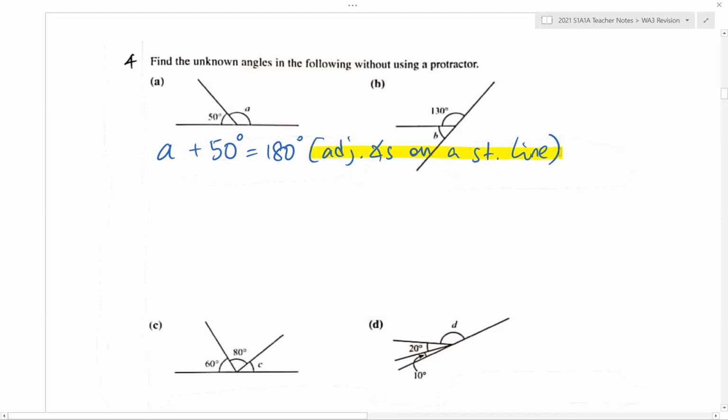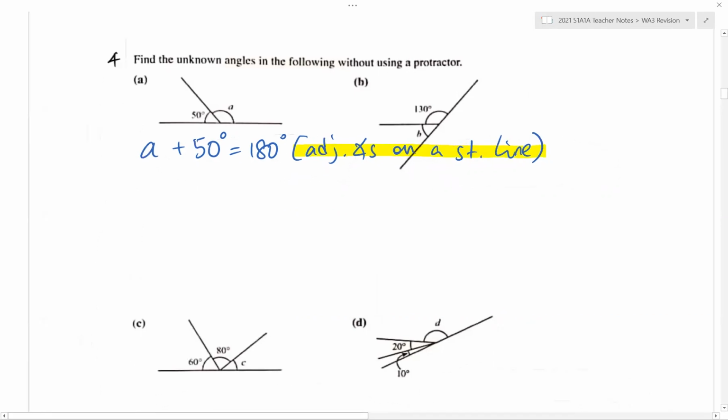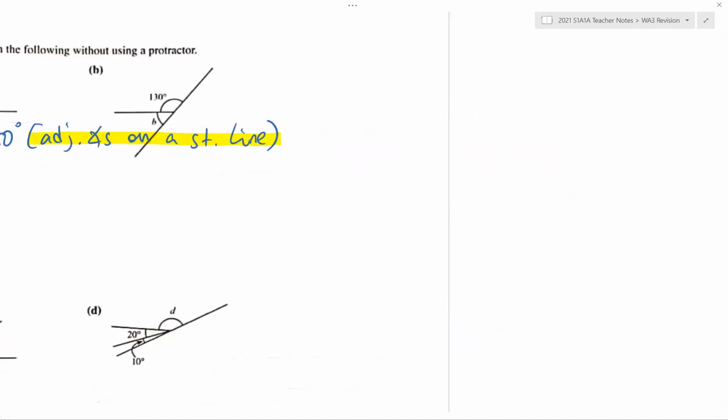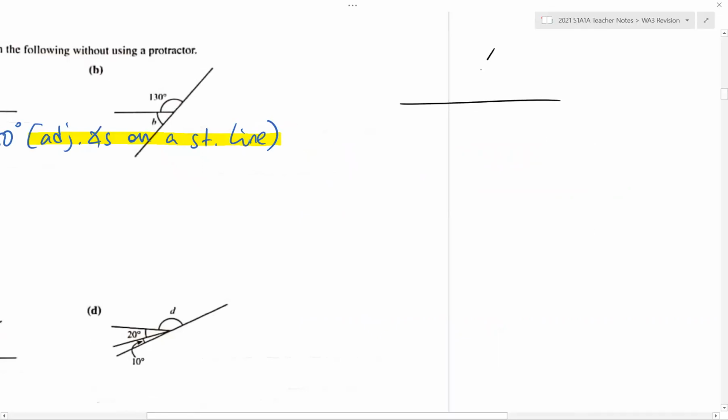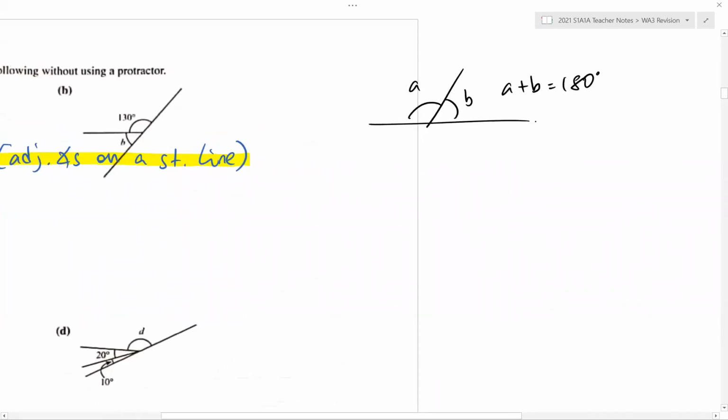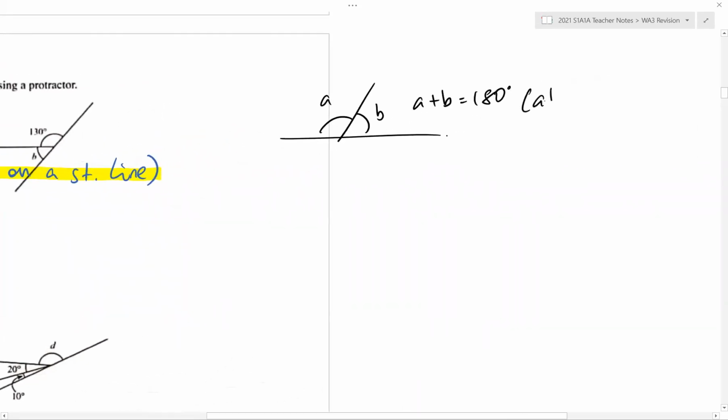Plus a few more. Since we are there, let me just list down what you need to memorize. We've got your A plus B, 180 degrees. This will be your adjacent angles on a straight line.